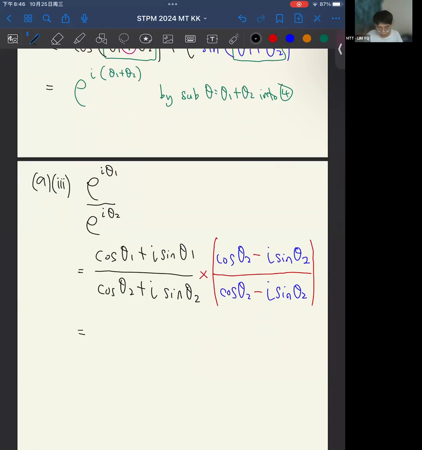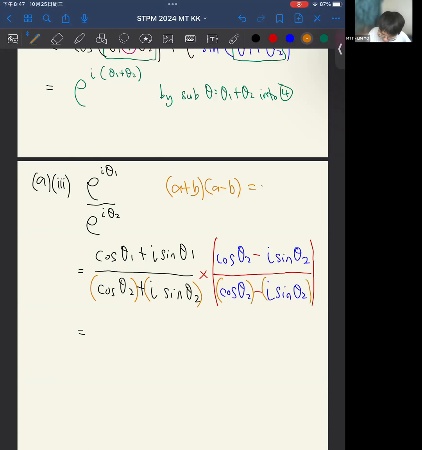So the down part is very easy to do. It is just a matter of a squared minus b squared, when you have (a + b)(a - b). This is your a, and i sin θ2 is your b.